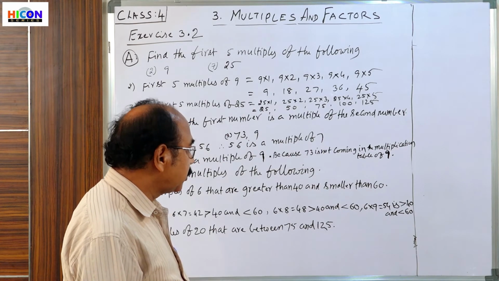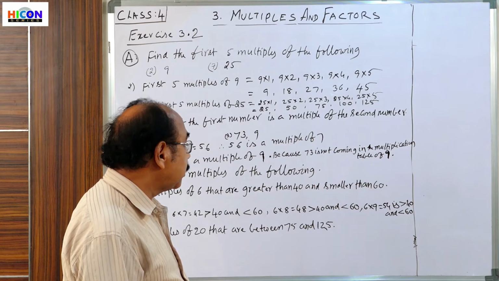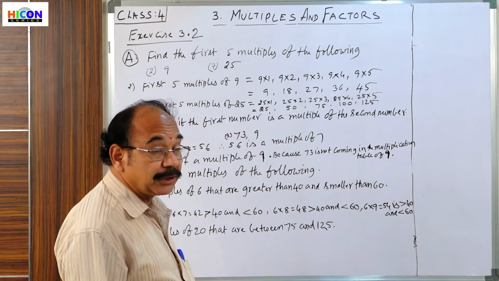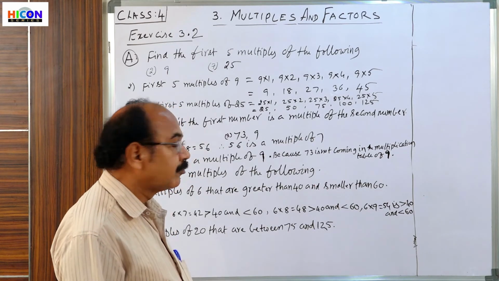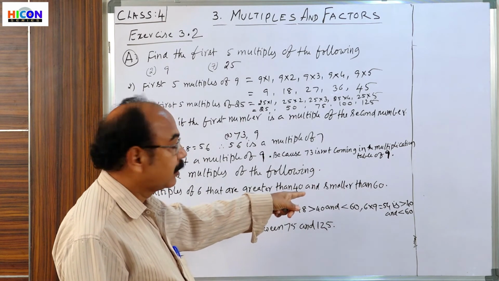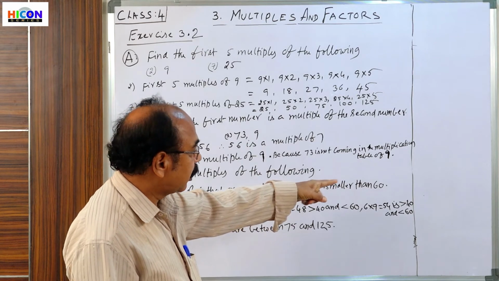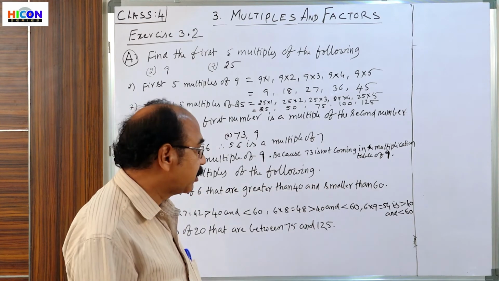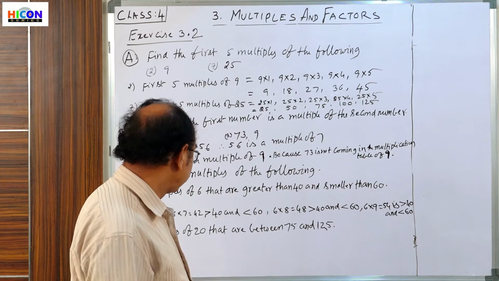6 tens are 60. 60 is equal to 60, but 60 is not less than 60. 60 is greater than 40 and it is not smaller than 60.